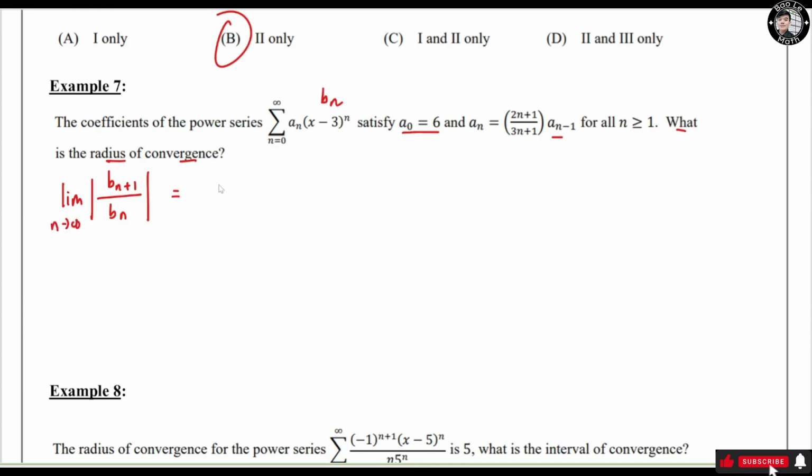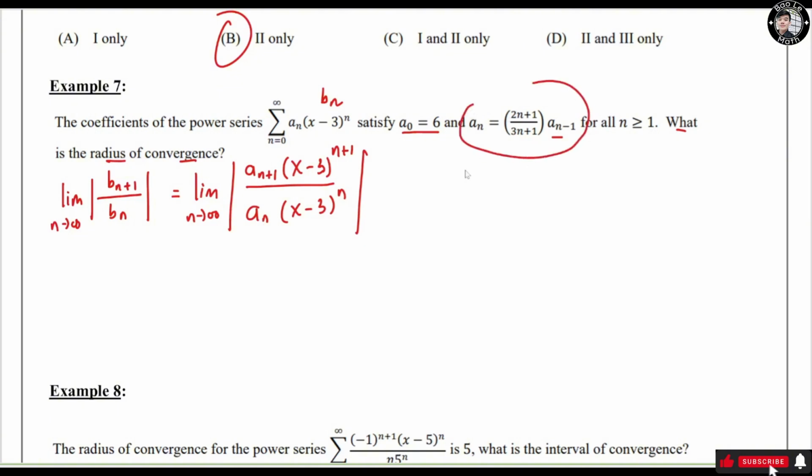So it's going to be the limit when n approaches infinity of the absolute value of a sub n plus 1 times s minus 3 raised to the n plus 1 over a sub n times s minus 3 raised to the n, right? Now, you don't know a sub n plus 1, you don't know a sub n, but you're given this one right here, right? So we're going to use this guy right here.